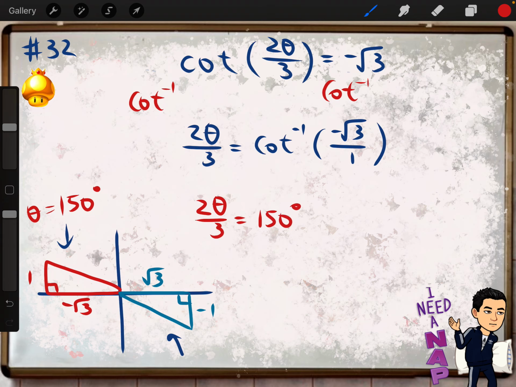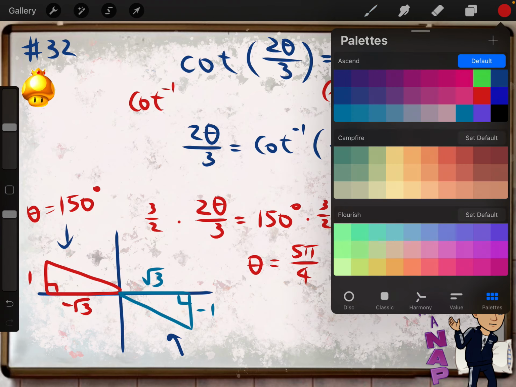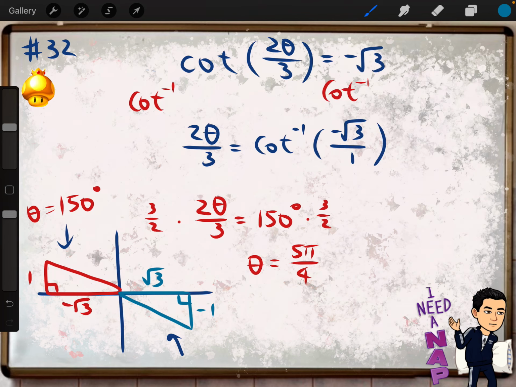So we can say that 2 theta over 3 is equal to 150 degrees. You're going to multiply by 3 over 2 on both sides. You're going to get theta equals 225 degrees. Write that in radians: it's going to be 5 pi over 4. That will be your only answer, because if you look at the other one, this is 330 degrees.